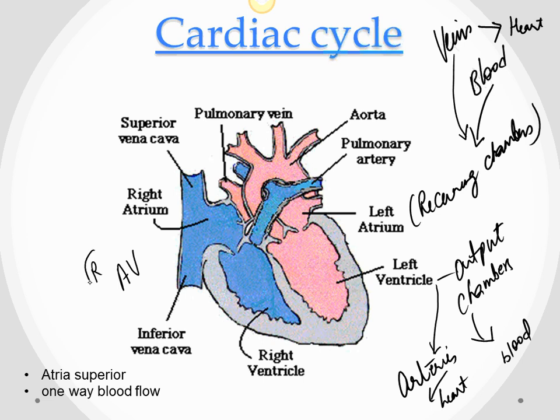This one will be the right atrioventricular opening, also called the tricuspid valve or tricuspid opening, which is guarded by this valve. There's an opening there and it has to be guarded by a valve so that the valve ensures one-way flow. So it comes from the atrium into the right ventricle.